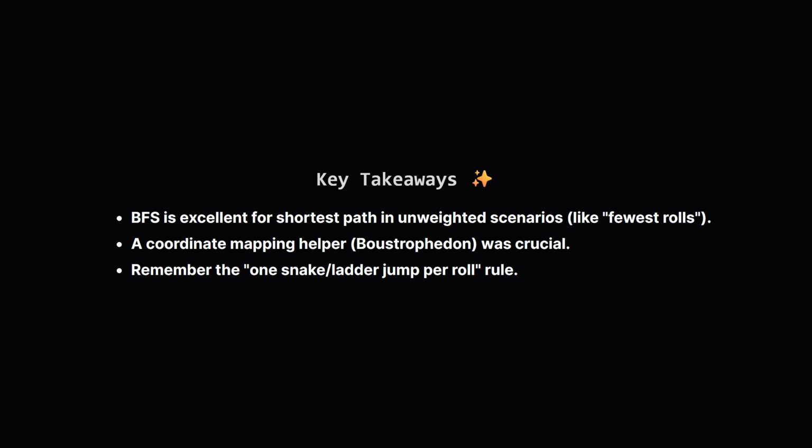And don't forget that specific rule from the problem. You only take one snake or ladder per dice roll. Even if the square a ladder drops you on is the start of another ladder, you stop there for that turn. Our BFS handles this naturally because we only check for a snake or ladder once after the initial landing spot from the die roll. BFS finds the minimum rolls by exploring layer by layer, which is exactly what we needed.